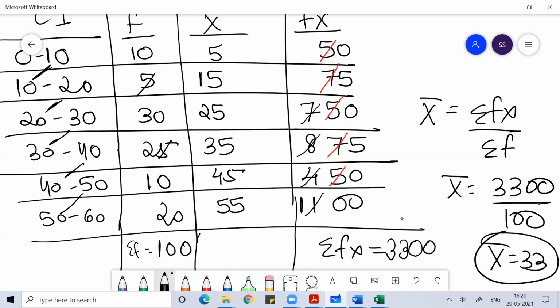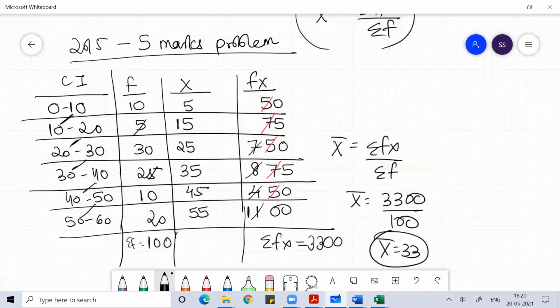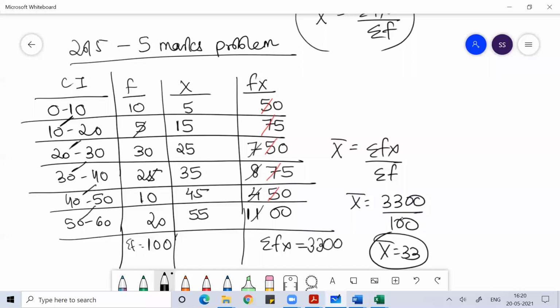Anyone, any doubt? This came for 5 marks in 2015, where you have to calculate the arithmetic mean. Whenever class interval with frequency is given, we use this formula. Any doubt, anyone? Please ask me if you have any doubt. See the calculation.